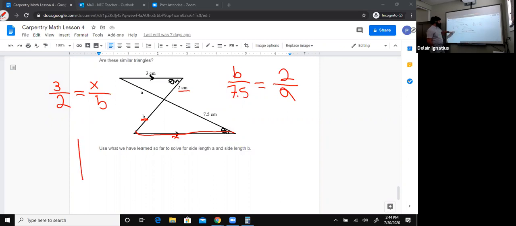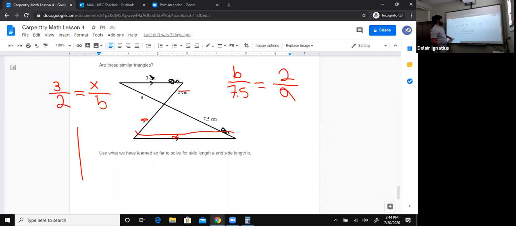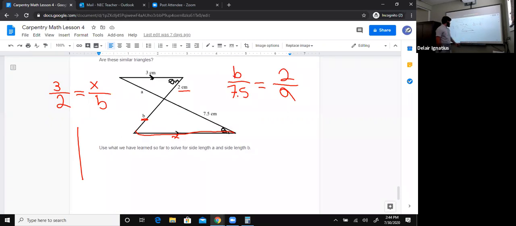This is our last example today, I'm pretty sure anyway, so we can always cut it short if we really need to, because we have gotten through probably more than enough, but now that I've started this, I really would like to figure it out. 3 over 2 is proportional to X.